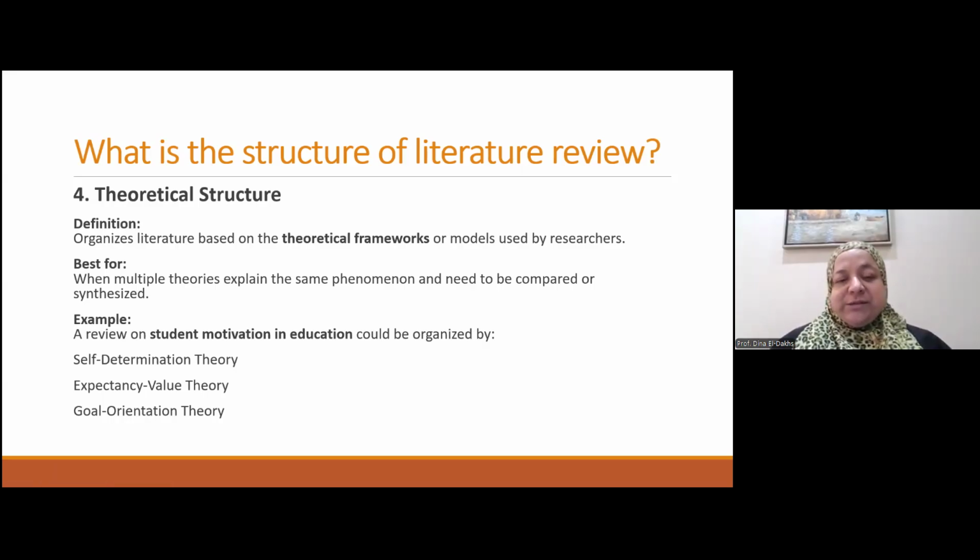Another way to structure your literature review is theoretical. You highlight the main theoretical frameworks or models that are common in a certain area of study. For example, if you're talking about student motivation in education, you may wish to structure your review based on self-determination theory, then expectancy-value theory, and then goal-orientation theory.